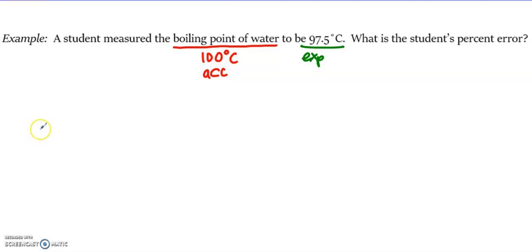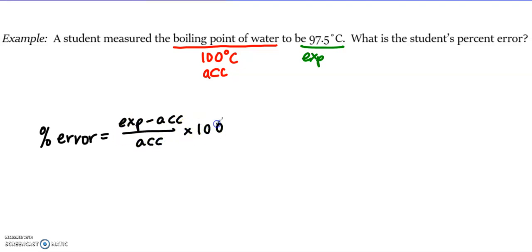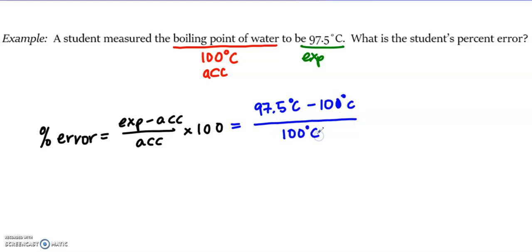So let's calculate our percent error now. Percent error is our experimental minus the accepted divided by the accepted times 100. I'm going to put everything in now. So this will be 97.5 degrees Celsius minus 100 degrees Celsius, and we could give it more sig digs if we want, divided by 100 degrees Celsius.